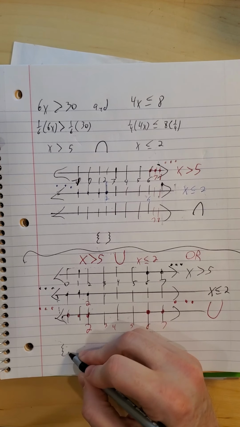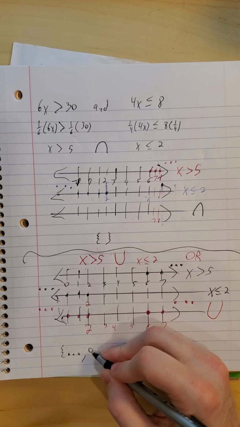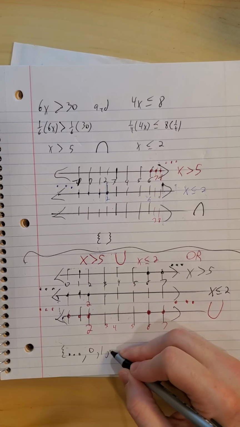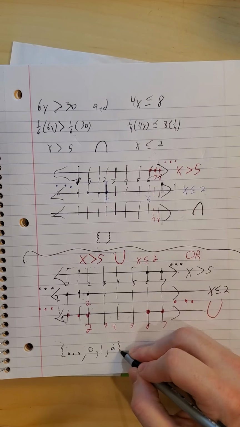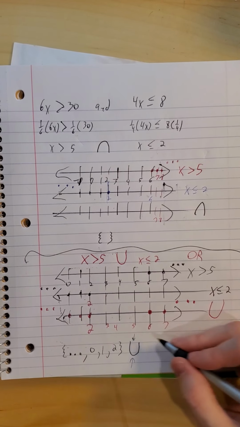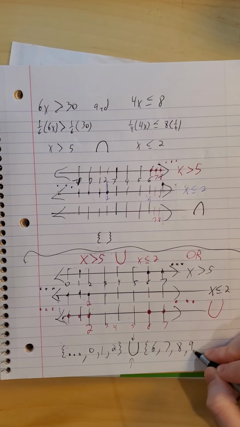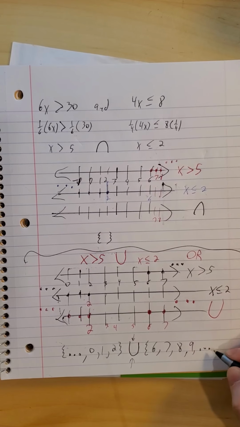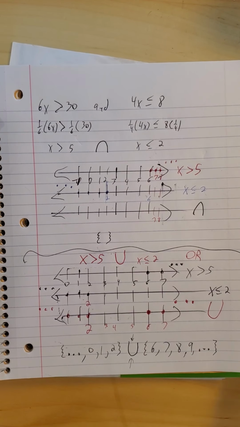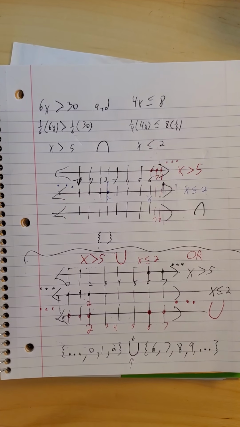I'll do a union then, just like we had in the problem. So ... 0, 1, and 2. Union, yes, you do need that symbol, don't forget it. And then we pick up at 6. So 6, 7, 8, 9, and forever that way. So it is possible for there to be a gap in here.